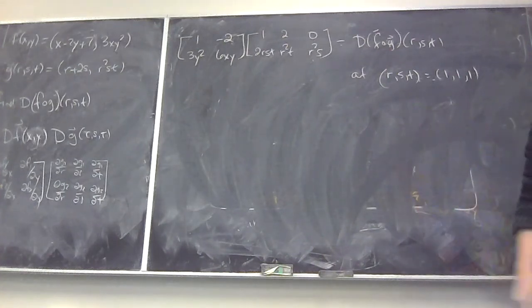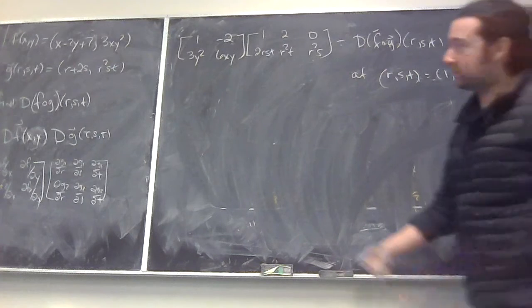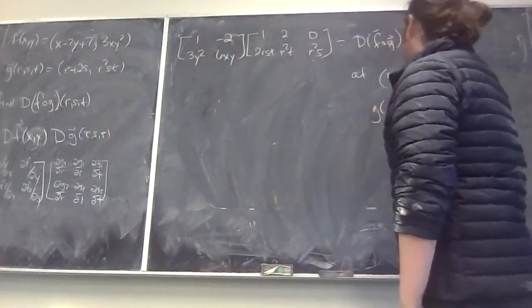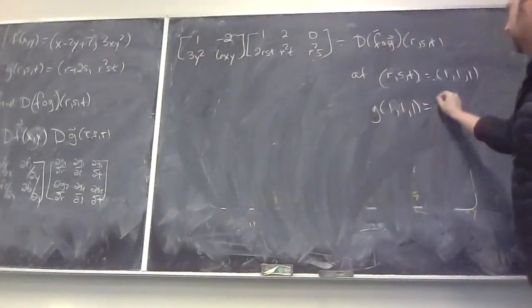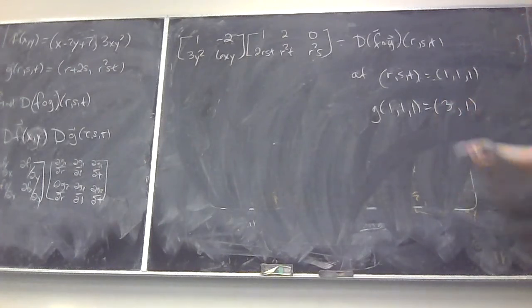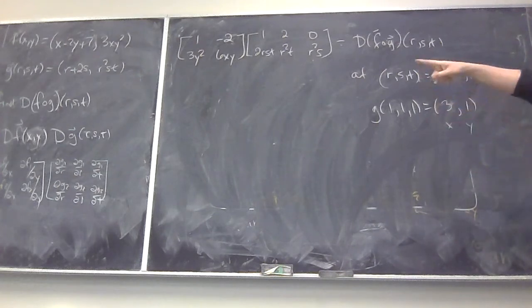Where am I going to get the x and the y that I need for their derivative? If only I knew a definition of what x and y happen to be. Well, you can just evaluate g at those points, right? g of 1, 1, 1 is equal to 3, 1. This is the x and the y value that you plug into that matrix.